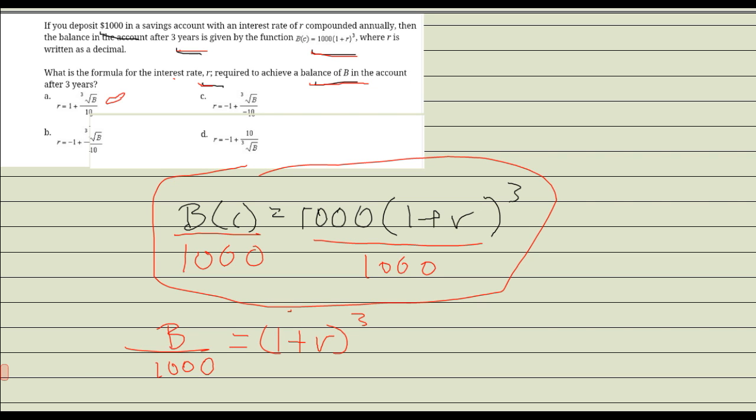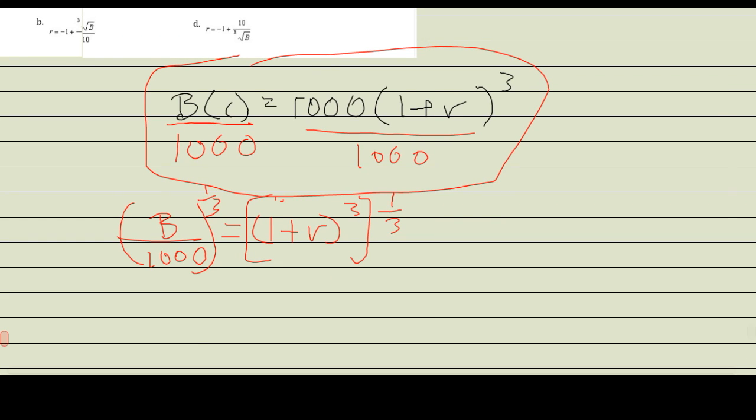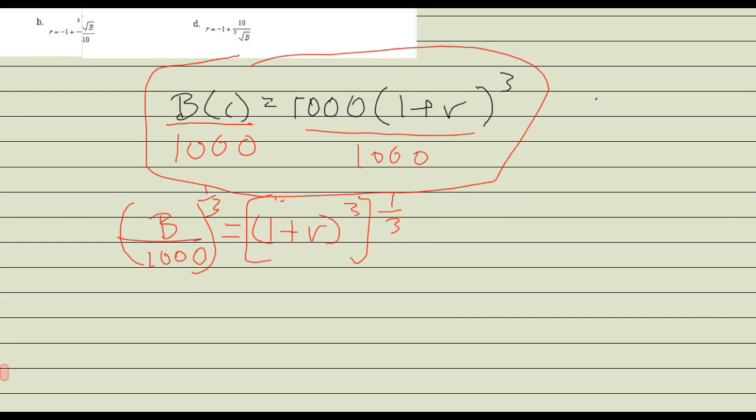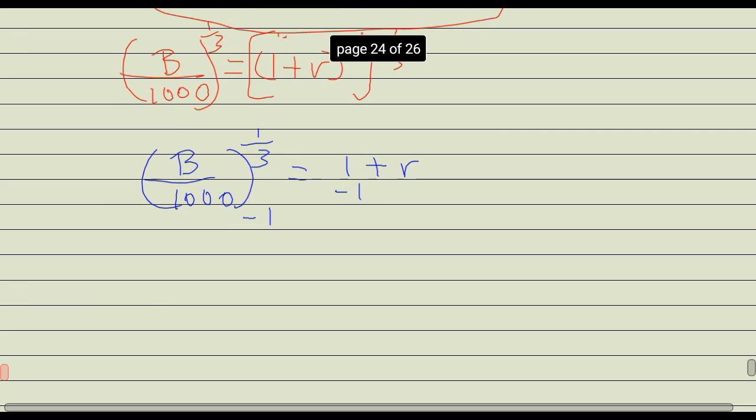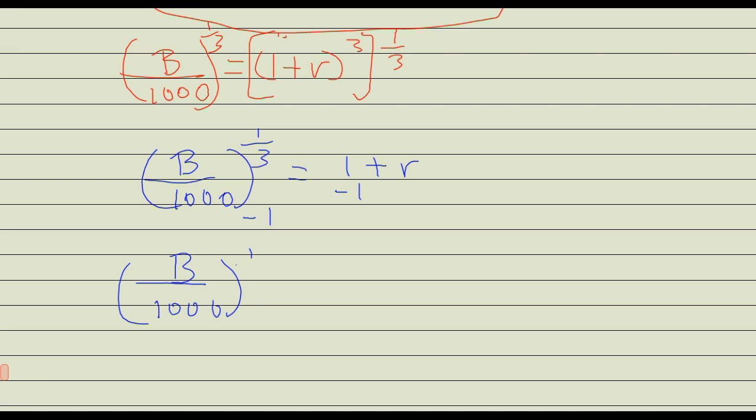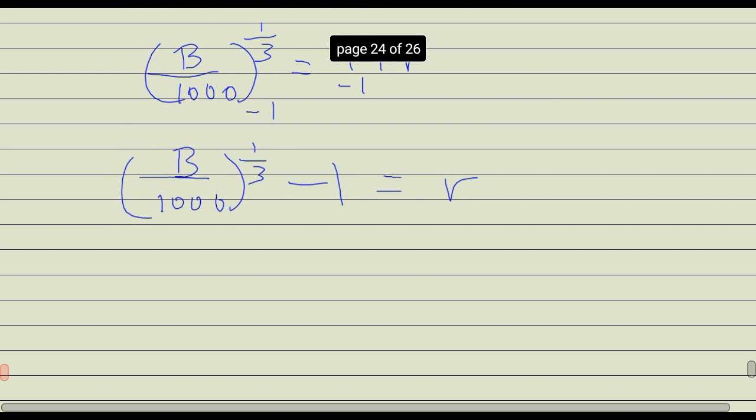And then again, I'm going to take the 1/3 power of this and the 1/3 power of that, and then I'm going to get (B over 1,000) to the 1/3 equals 1 plus R. Okay, I'm going to minus 1, minus 1, and then I'm going to get down here (B over 1,000) to the 1/3 minus 1 equals R. And then finally, I'm going to rewrite it in the way that I think that they wanted you to write it.